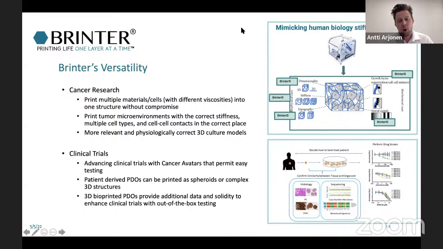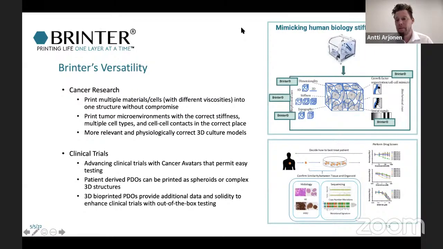In the past, we were only limited by the fact that we needed to use cell lines that we purchased from different companies. But nowadays, we can also use patient-derived material. So that brings us to the fact that we can use 3D printing technologies towards personalized medicine care as well.